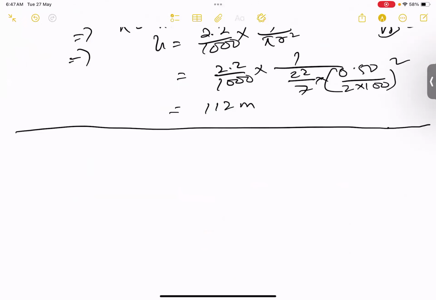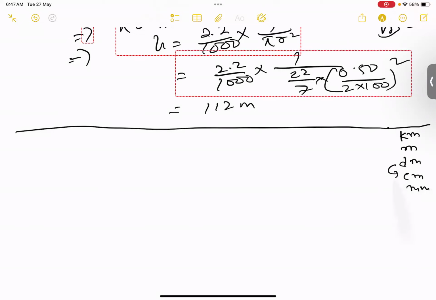The unit conversion: first there is kilometer, then meter, decimeter, centimeter, millimeter.